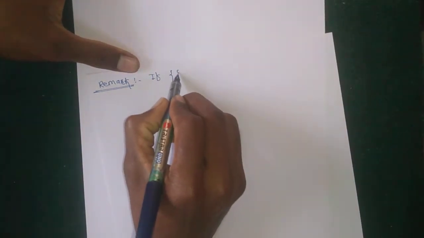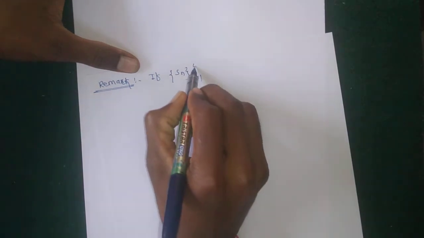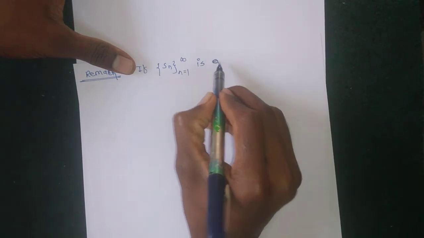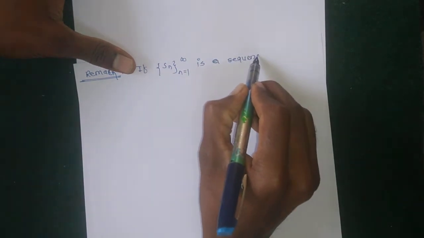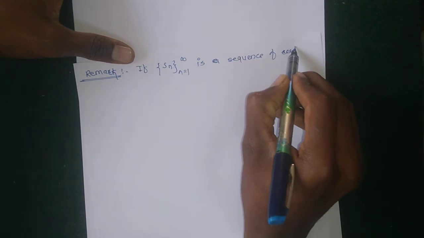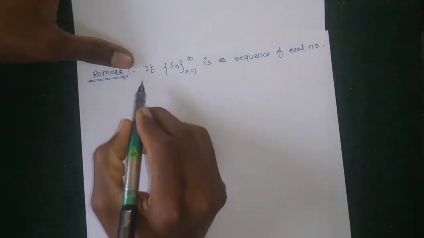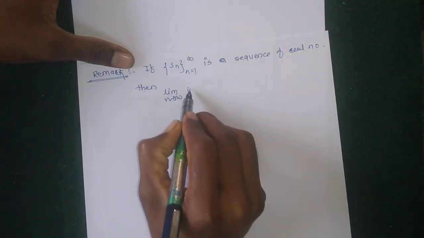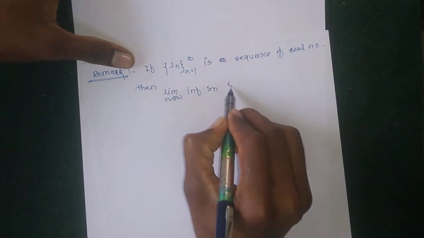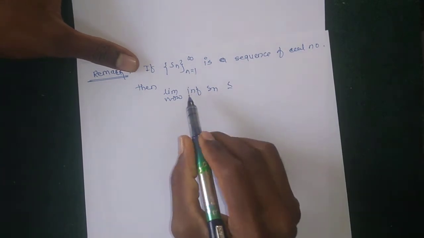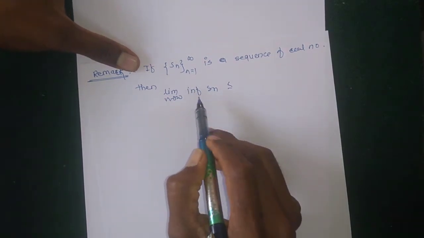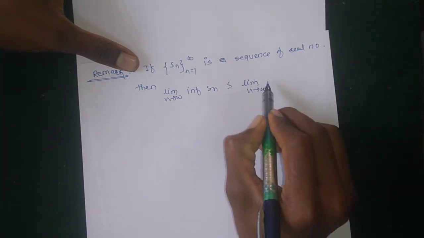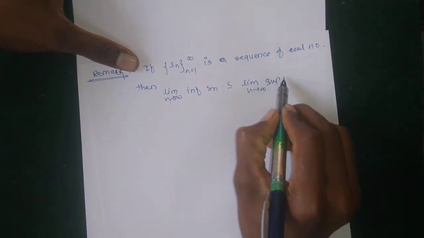If the sequence Sn, where n runs from 1 to infinity, is a sequence of real numbers, then the limit inferior of Sn is less than or equal to the limit superior of Sn.